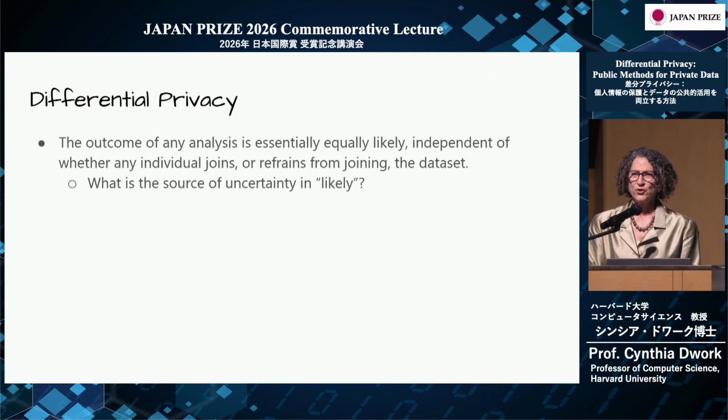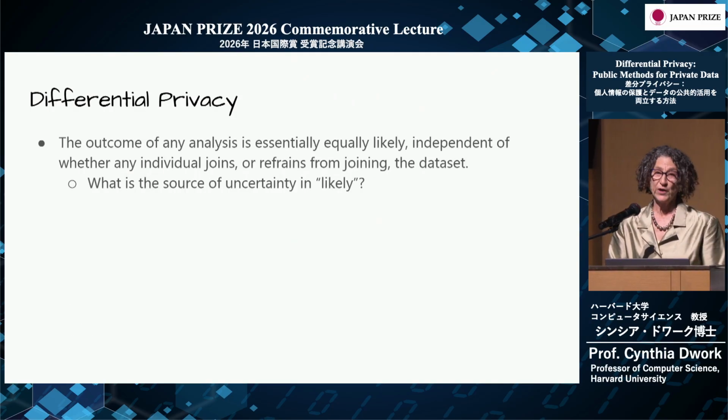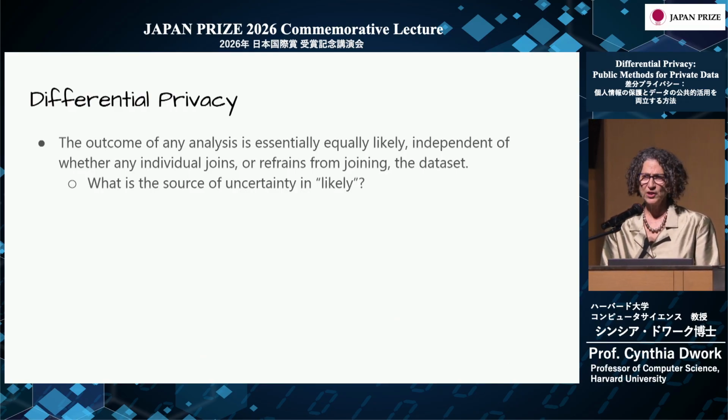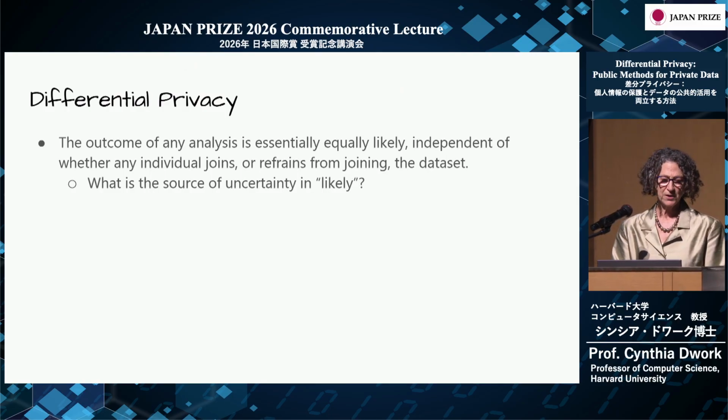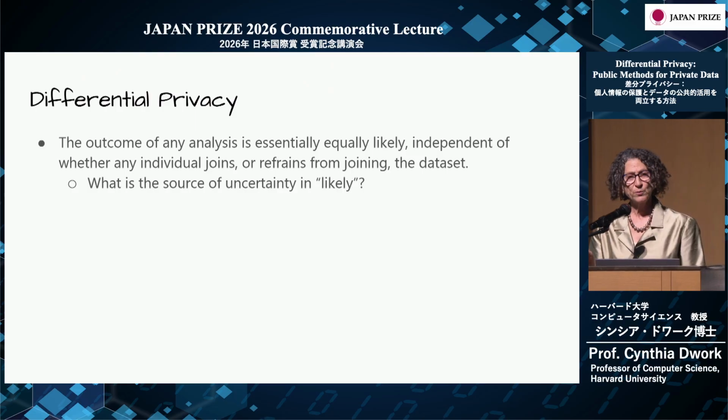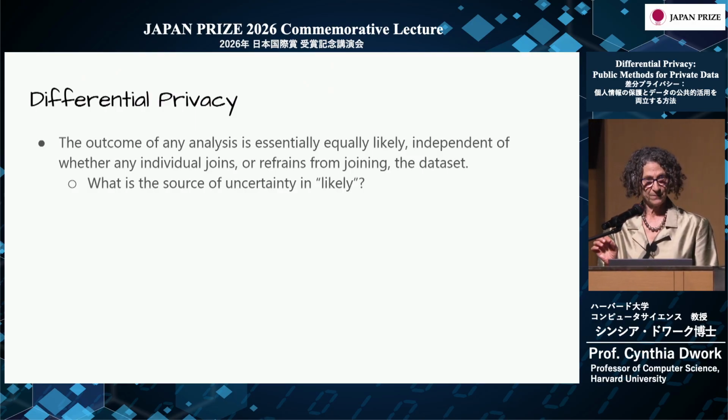So this brings us to the English language definition of differential privacy. It says that the outcome of any analysis is essentially equally likely independent of whether any individual joins or refrains from joining the data set.